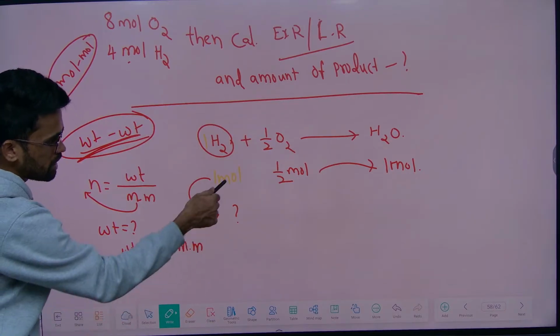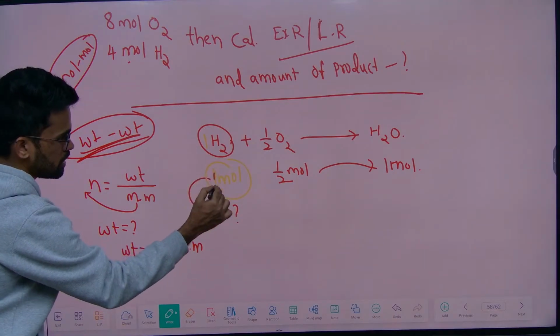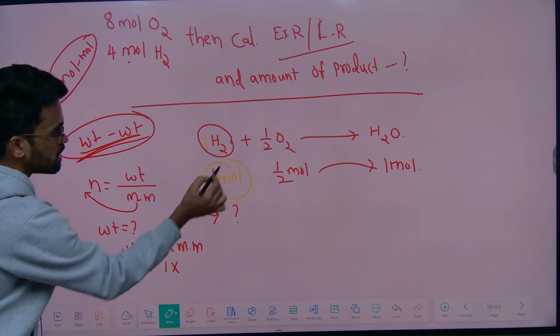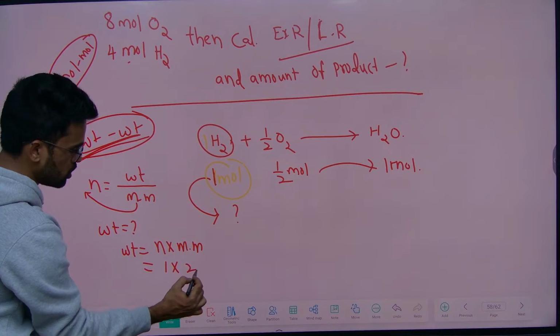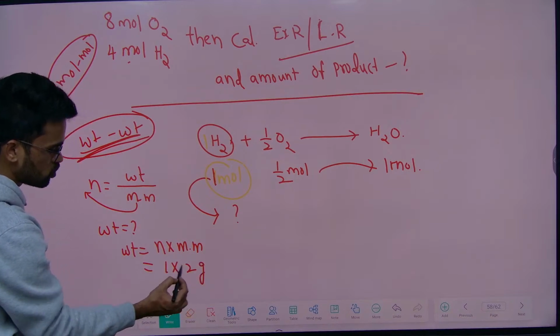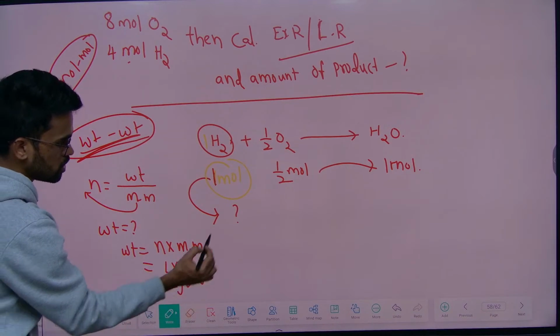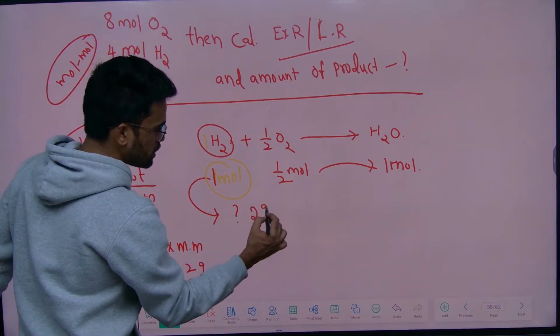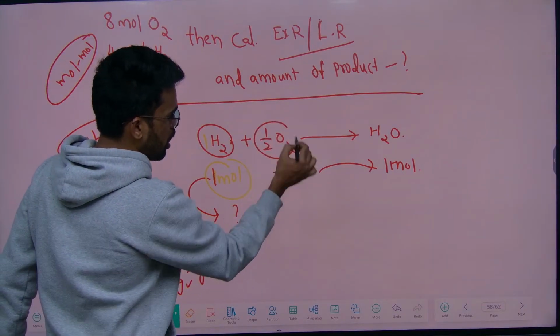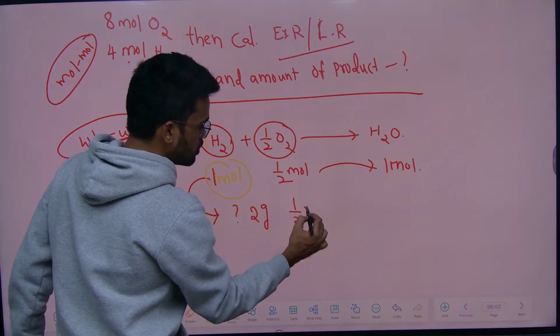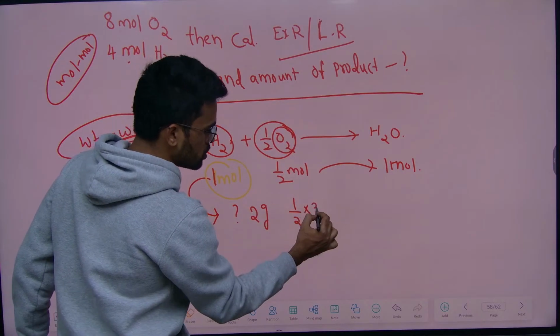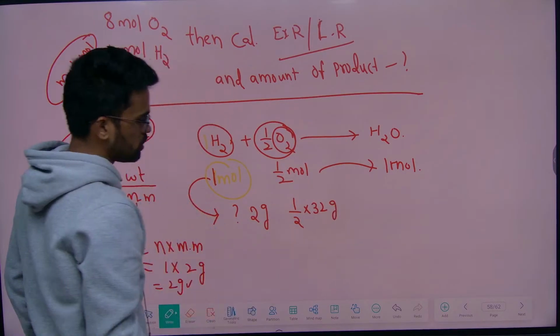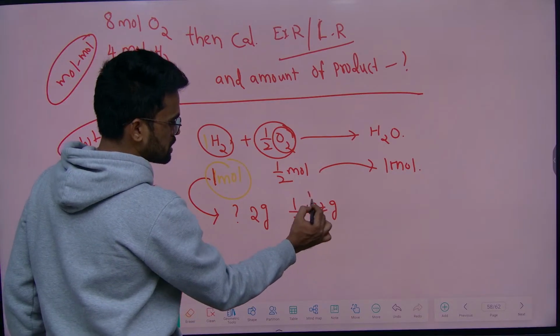How many moles here do we have? It has 1 mole. So 1 into what is the molar mass of hydrogen? 2. So what is the weight? You can say 1 into 2 means 2 grams. That's it. So 2 grams of H2 combining with half mole, so half into the molar mass of O2, which is 32. Half into 32 means you can simply write 16 grams.